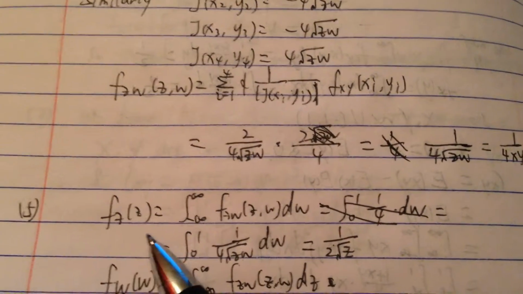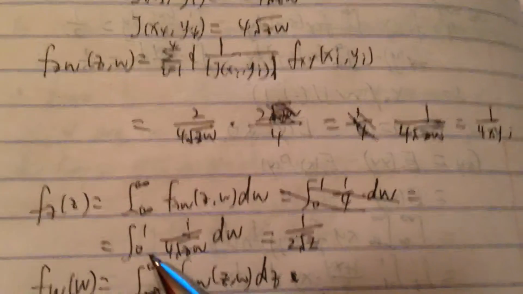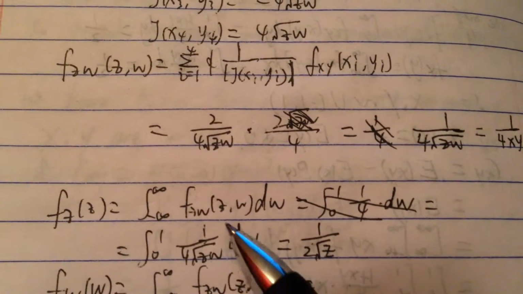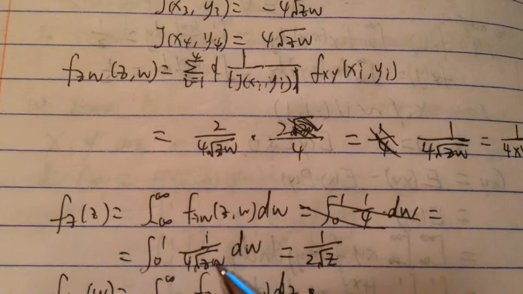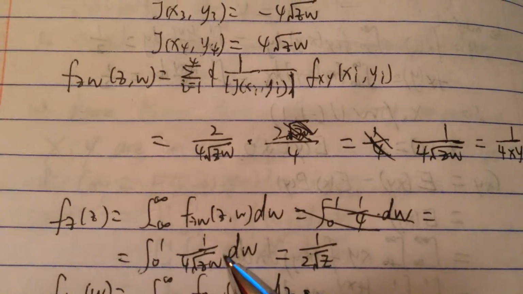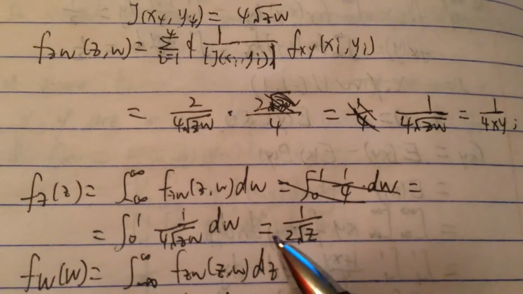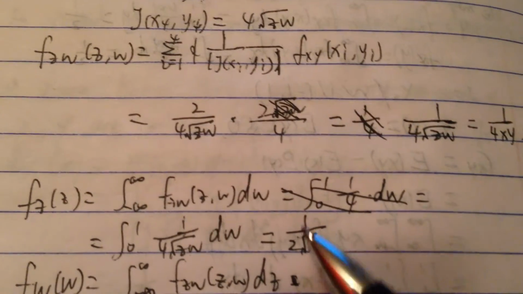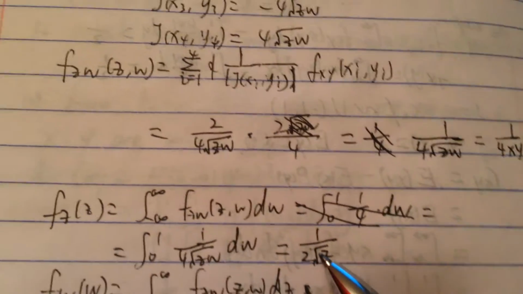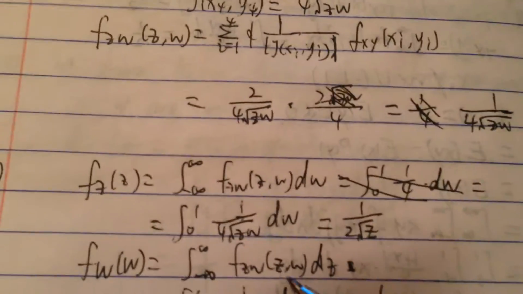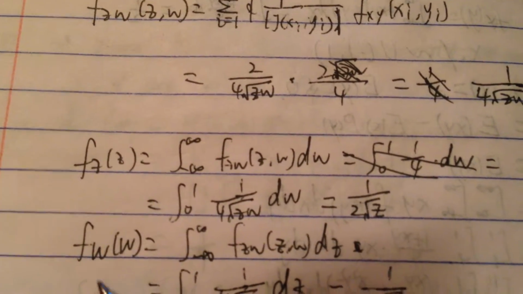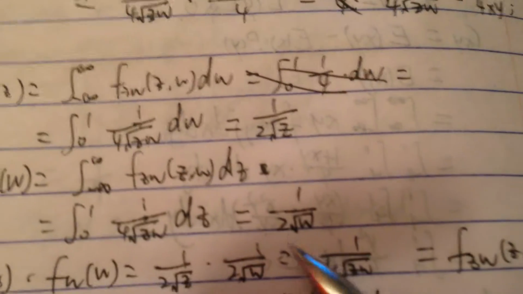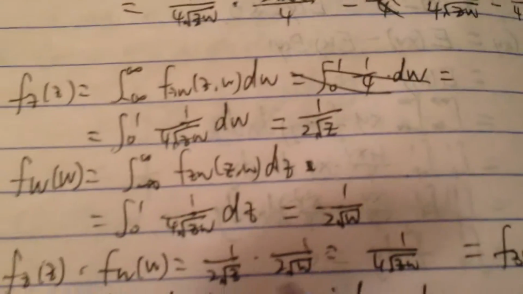So f sub Z of z equals the integral from 0 to 1 of 1 over 4 times square root of z times w, dw. It equals 1 over 2 times square root of z. And similarly, the PDF of W equals 1 over 2 times square root of w.